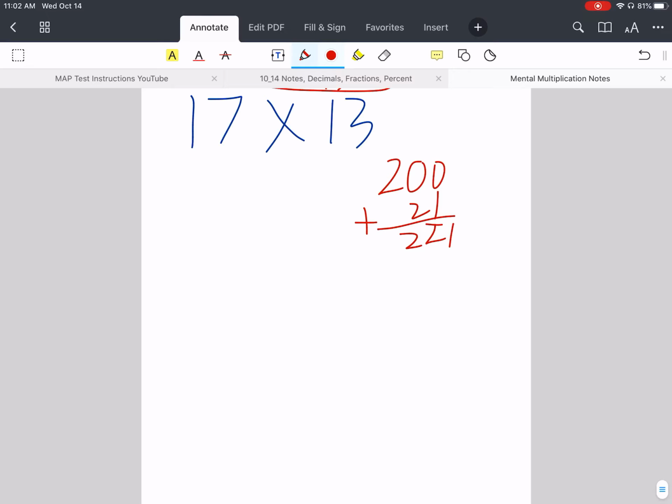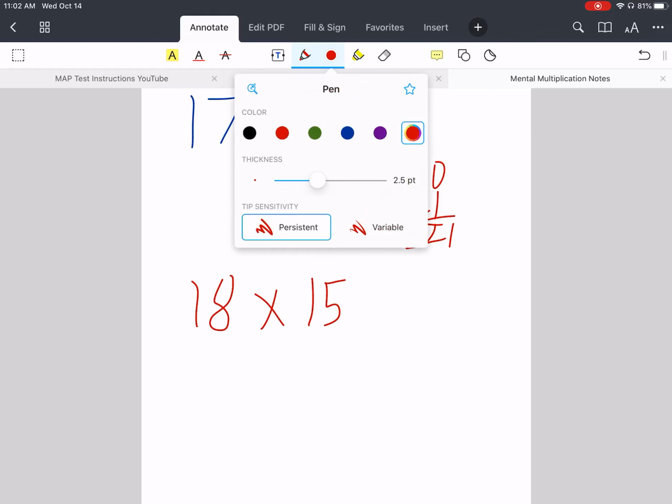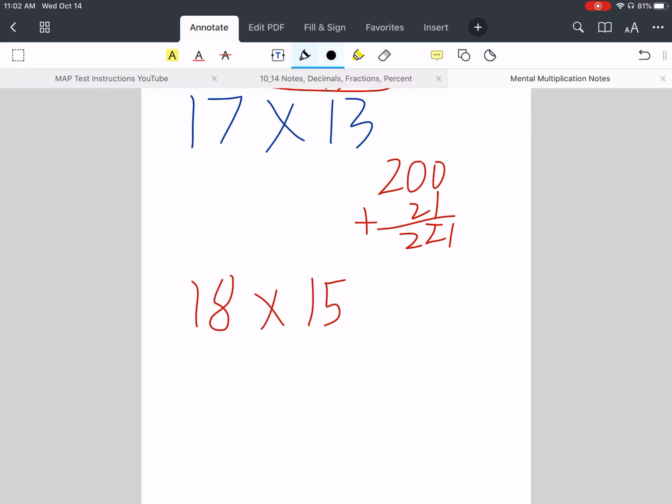Okay, one more of these, and then we're going to, let's do 18 times 15. We're going to show that we can do this completely in our head. So I can add 8 to 15 or 5 to 18 to get 23.